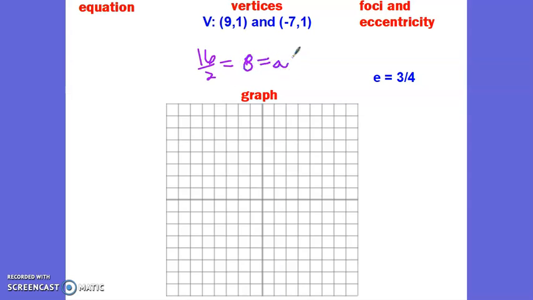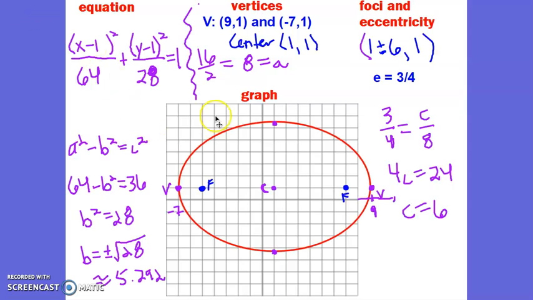The distance from vertex at 9, 1 to negative 7, 1 is still a full 16. Our center will be halfway in between, but again, a distance of 8 for our a value. All right, pause the video now, see if you can work from there, see if you can find more details.